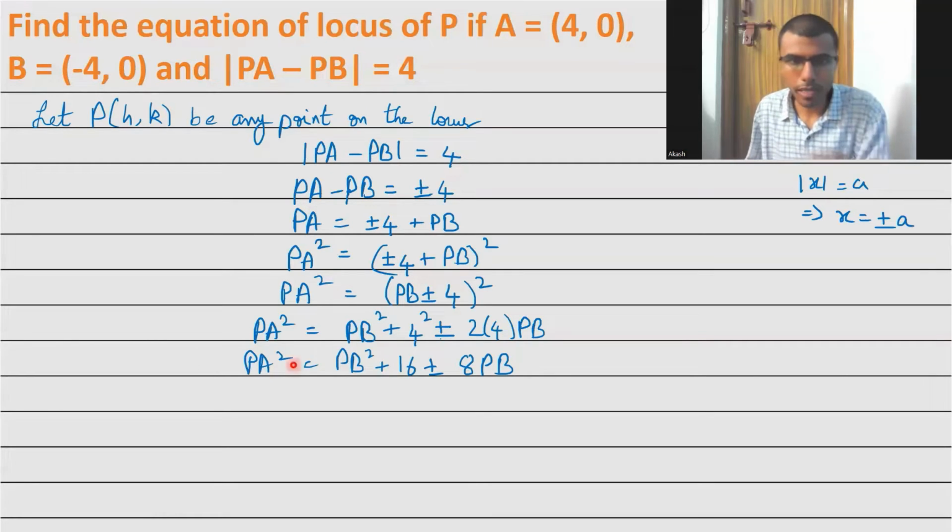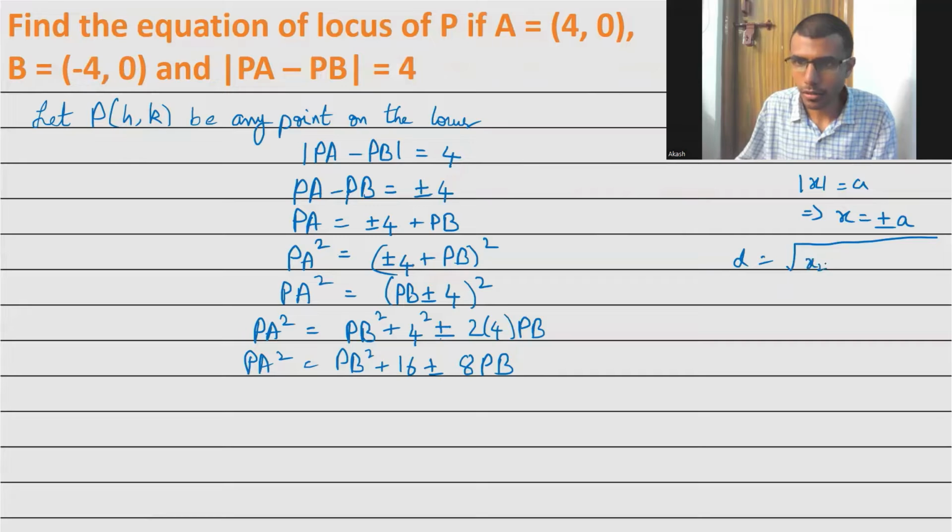Now I'm going to put the values of PA square and PB square. See, P is H comma K and A is 4, 0. I'll just give you a small thing. The distance formula is nothing but under root x2 minus x1 whole square plus y2 minus y1 whole square. Whatever I'm writing here, you need not show it in the exam.